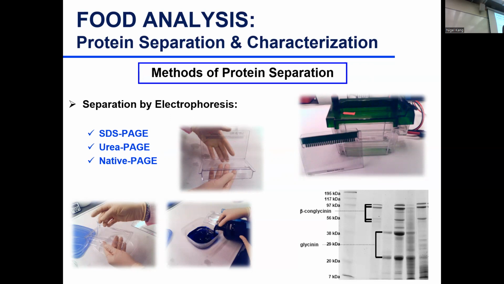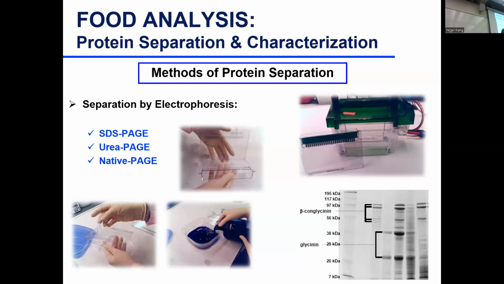The first one on this slide is 1D electrophoresis, which can be SDS-PAGE, urea PAGE, and native PAGE. So this is polyacrylamide gel electrophoresis.